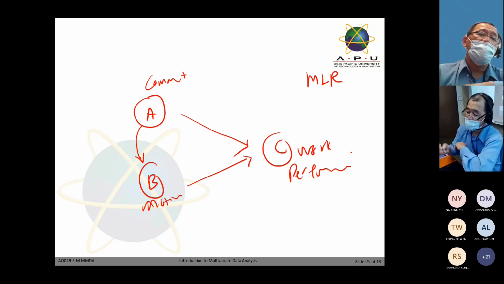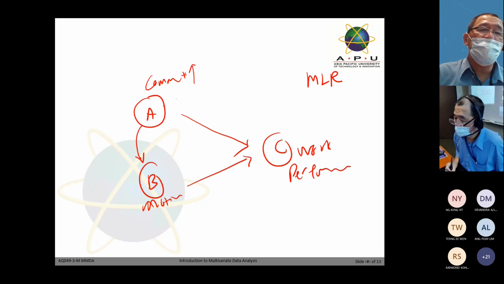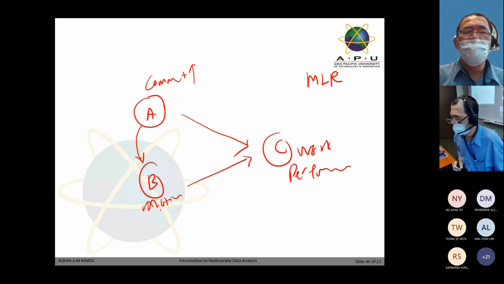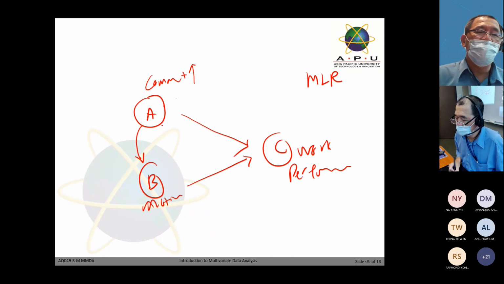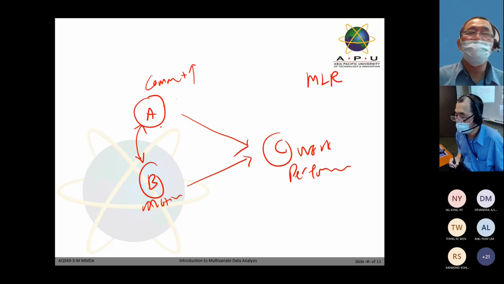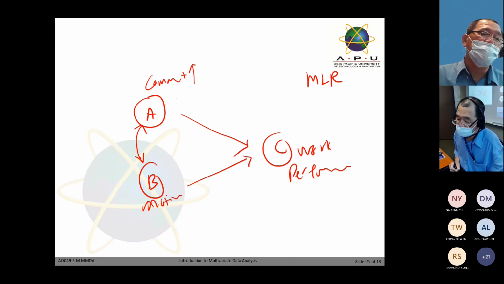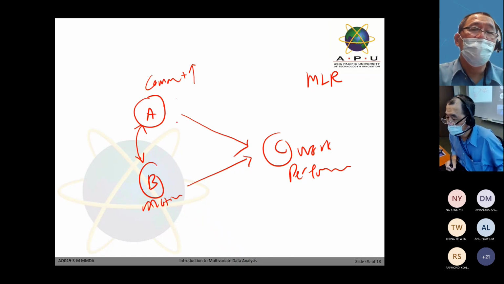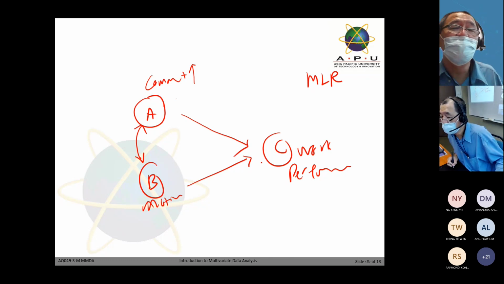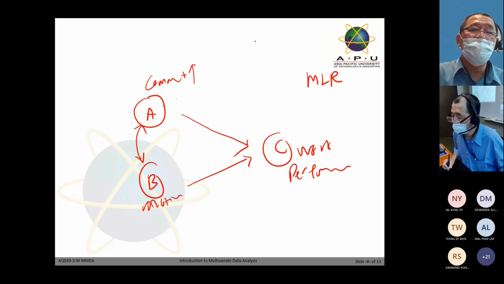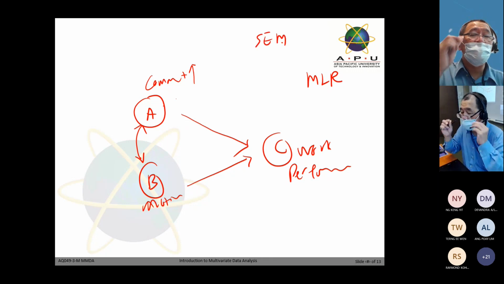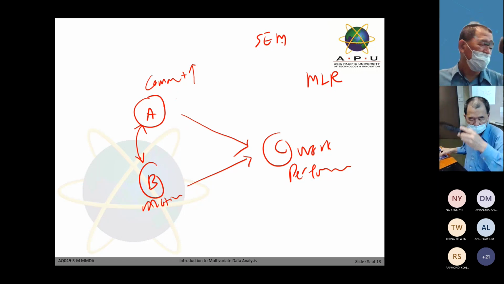Commitment affects higher motivation, or maybe the other way around. Commitment affects motivation, motivation affects commitment. Commitment affects the work performance. Motivation also affects the work performance. If like this, then it becomes the simple model under structural equation modeling.